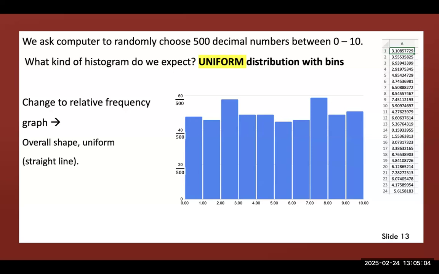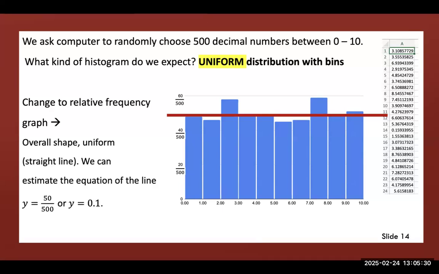When I look at this, they overall have the shape of a straight line. If I was to estimate where that line goes, I would say maybe between 40 over 500 and 60 over 500. It looks like maybe 50 over 500. I can ask the computer to calculate the equation of the straight line, and when you do that, it'll give you 50 over 500, or 0.1.